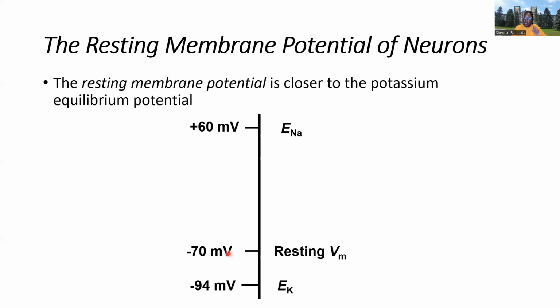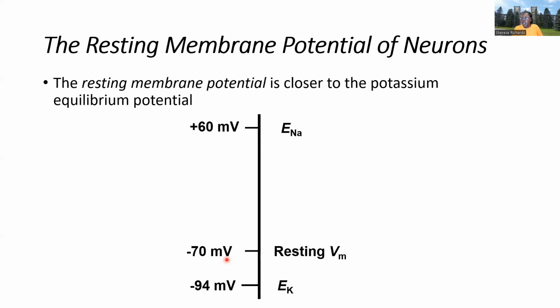And again, the trickling is a representation of how far away it is from its equilibrium potential. It's not very far, so it's not going to be a strong force. It's going to be a weak force, again, because it's fairly close. And it's going to be in the opposite direction, moving that positive charge out of the cell so that the inside becomes more negative, and that'll get us from negative 70 down to negative 94.